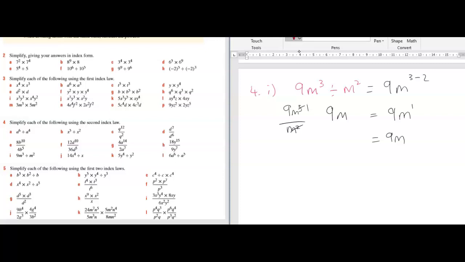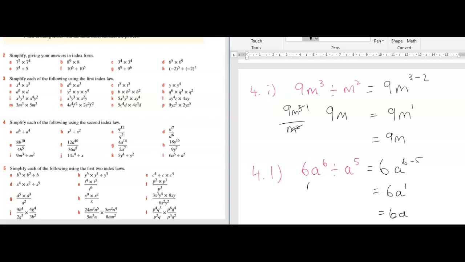Okay, let's do another one from 4. Let's do L. So we've got 6a to the power of 6 divided by a to the power of 5. So again, you can leave it like that. So we've got 6a, 6 minus 5, which becomes 6a to the power of 1, which is then just 6a.